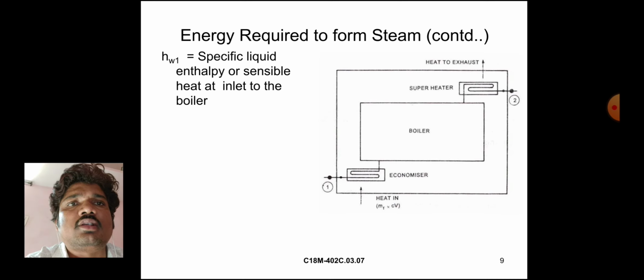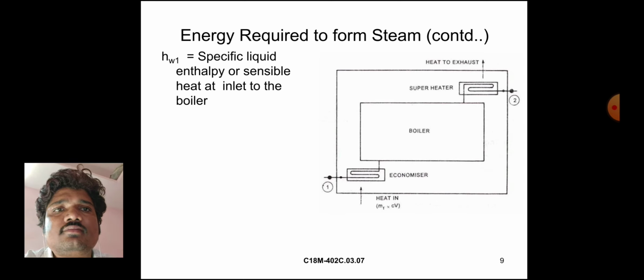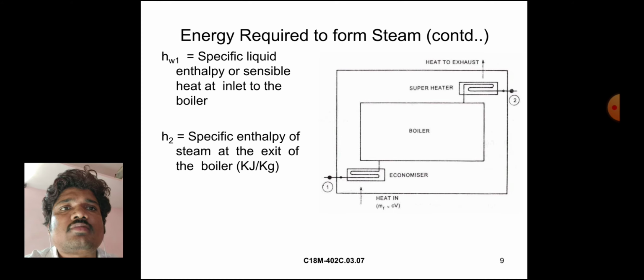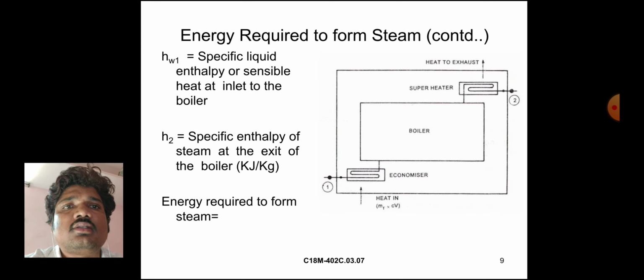HW1 means specific liquid enthalpy or sensible heat at inlet to the boiler. H2 is the specific enthalpy of steam at the exit of the boiler, units kilojoule per kg.